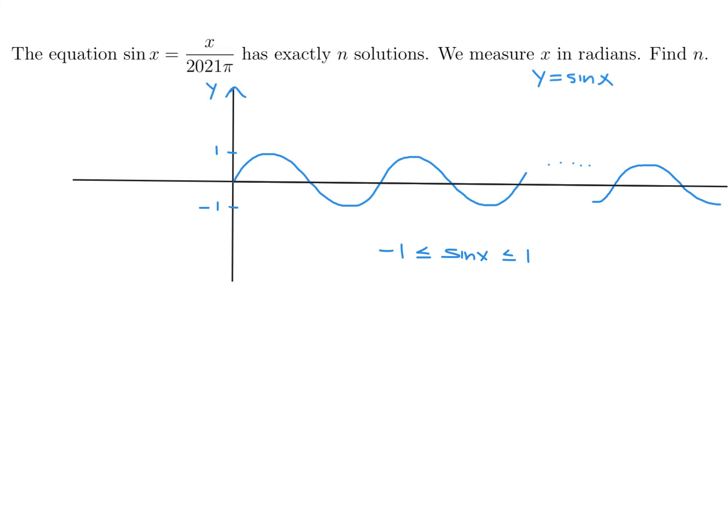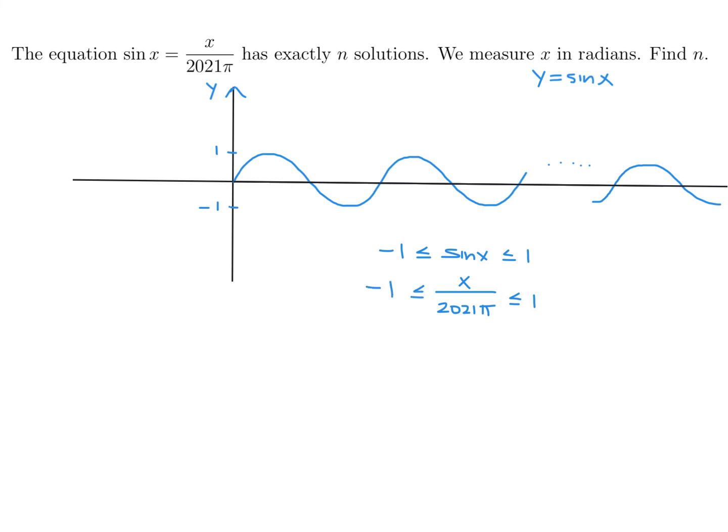Now, we are not given the actual sine of x is equal to y. We've been given that it's equal to this. All right. So since it's equal, we also need that x over 2021 pi is also between -1 and 1, right?